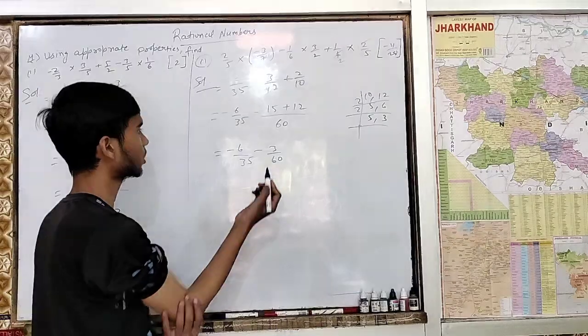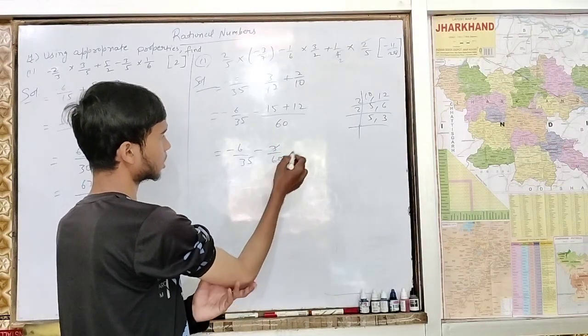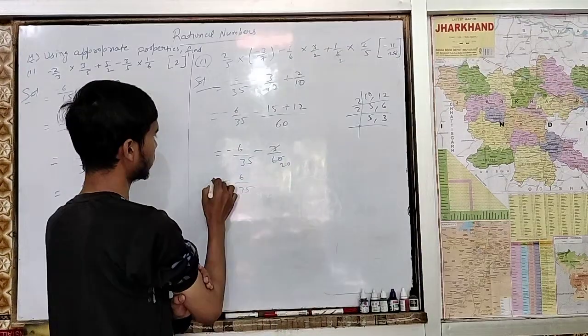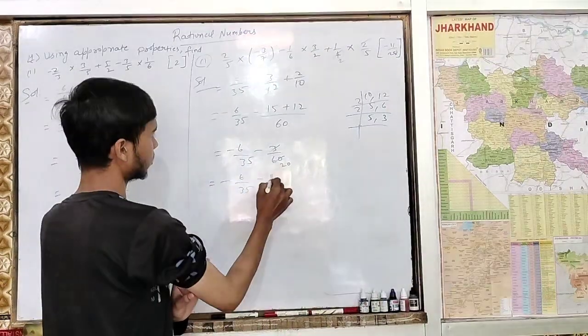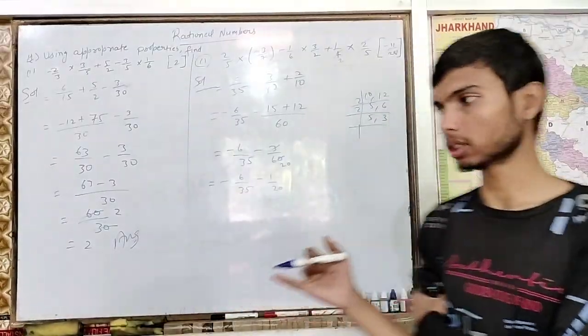Look at here. What is happening? It is cutting this. So 3 to the 6 and 0. Minus 6 upon 35, 1 upon 20.